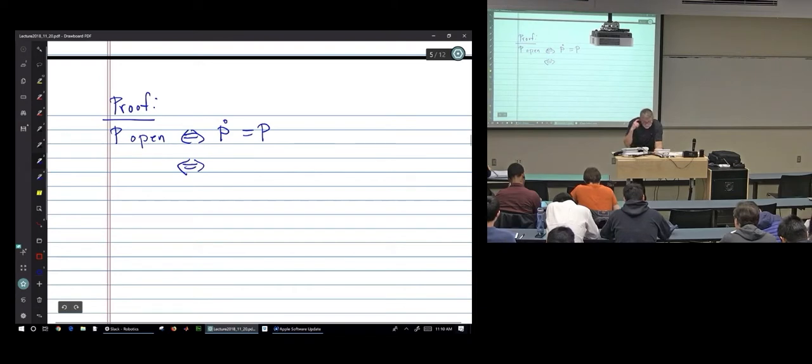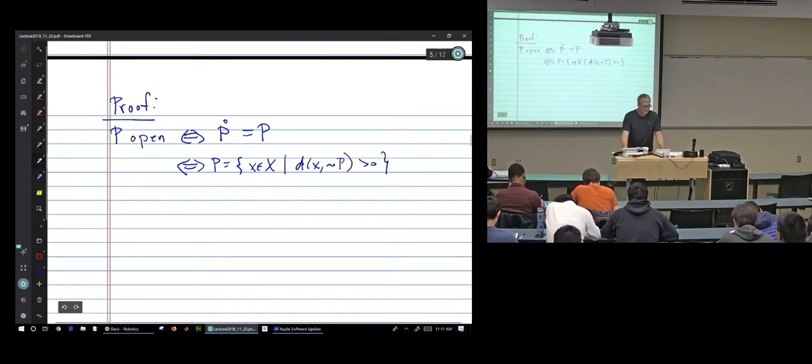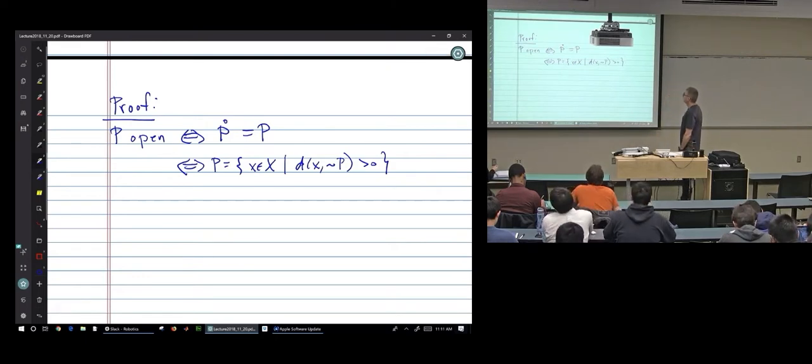So that's if and only if P equals the set of all x in X such that the distance from x to the complement of P is positive. That's our characterization of the interior.